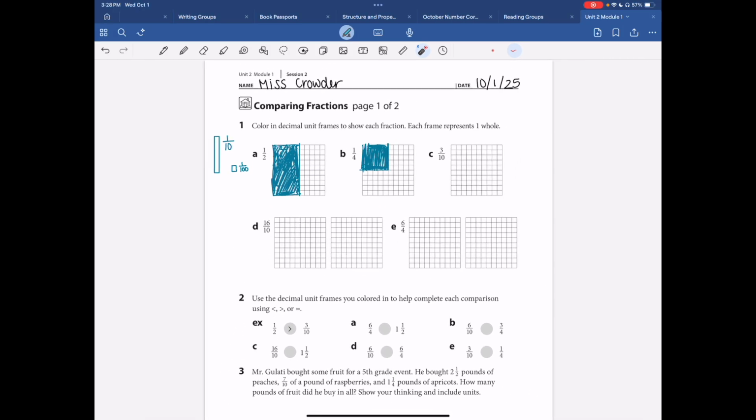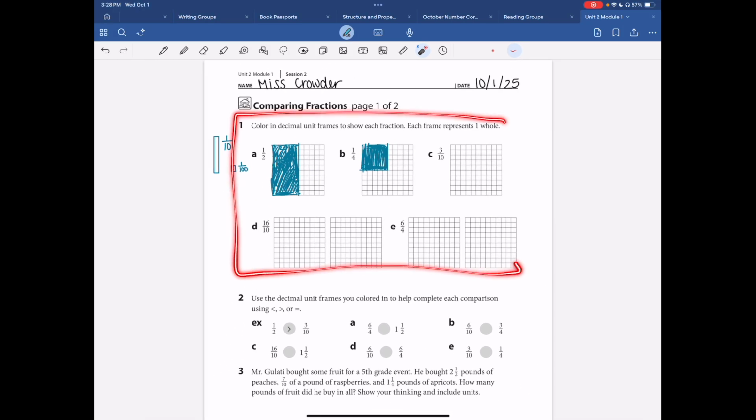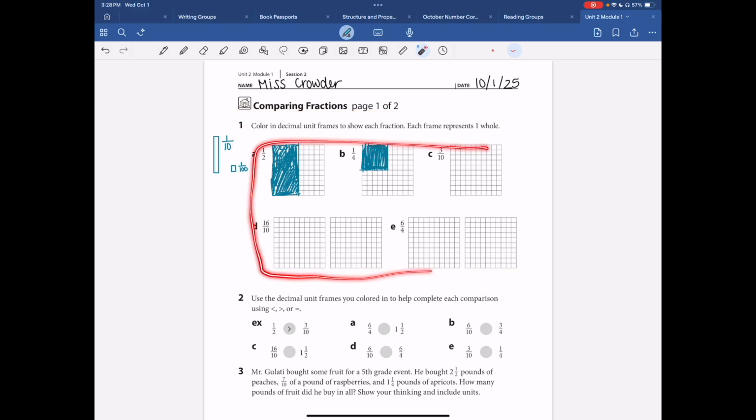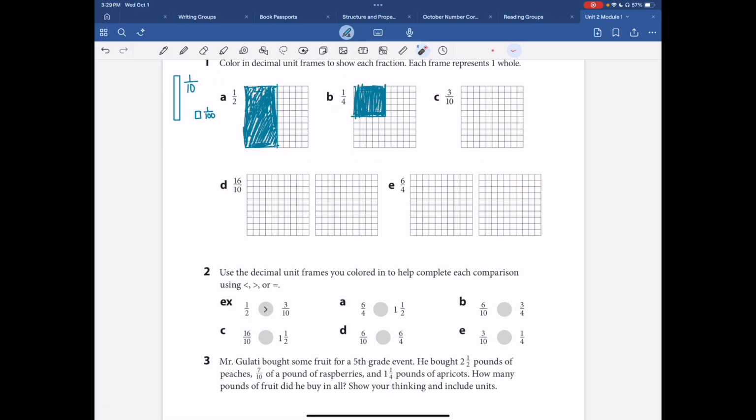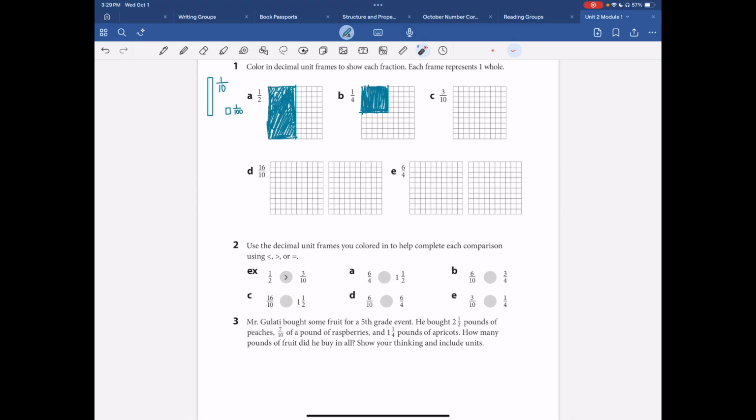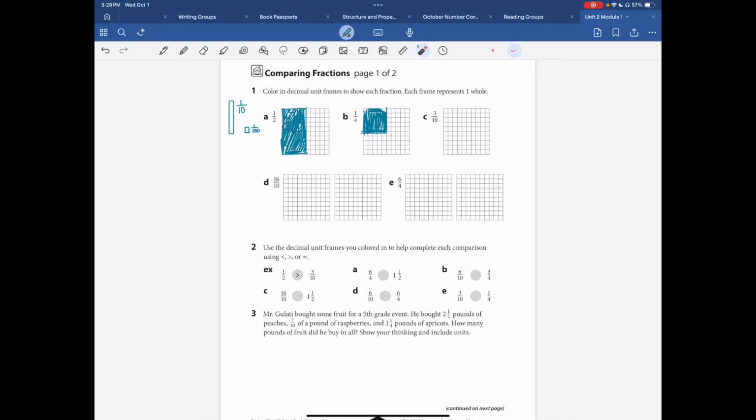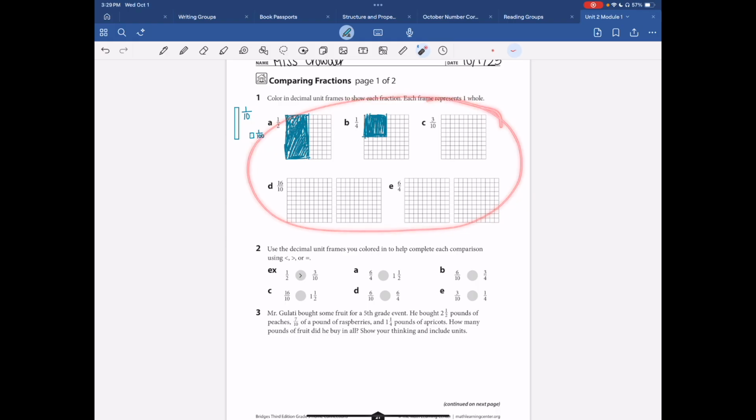All right, you are going to need these for the rest of your homework. So I would constantly refer back to this. The reason why they had you fill this out is to help you on the rest of the questions. So number 2 says use the decimal unit frames, which are these, you colored in to help you complete each comparison using a greater than, less than, or equal sign.